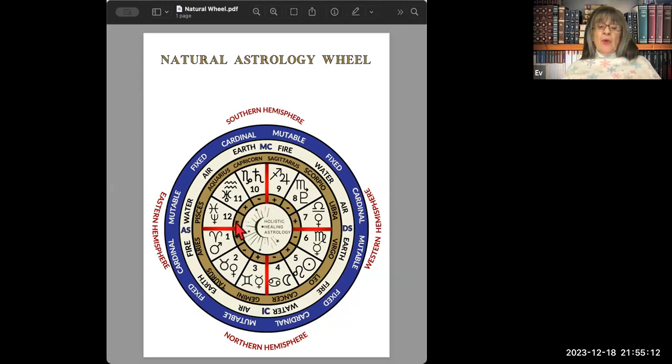Okay? So we also have to understand that this circle is not only divided by houses, but it's divided by hemispheres. So we have north and south, east and west hemisphere, and then we have quadrants.